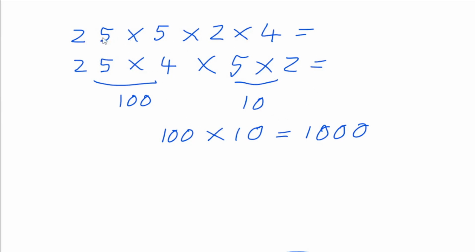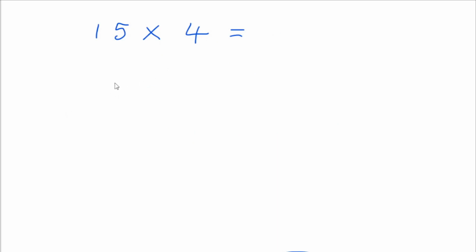Now sometimes 25s and 5s and 2s and things can be hidden in amongst other numbers. 15 times 4. You can't really see a 5 times 2 in there, but there is one, it's just sort of hiding, because the 15 is a 3 times 5 and the 4 is a 2 times 2.